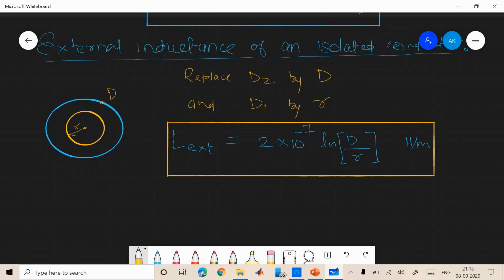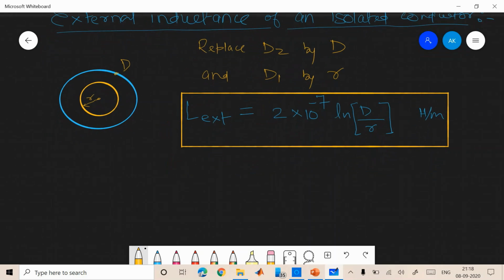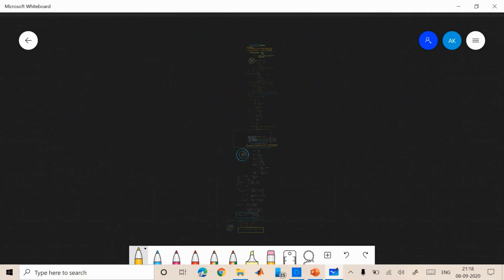for external inductance. What is R here and what is D here? Just write down.